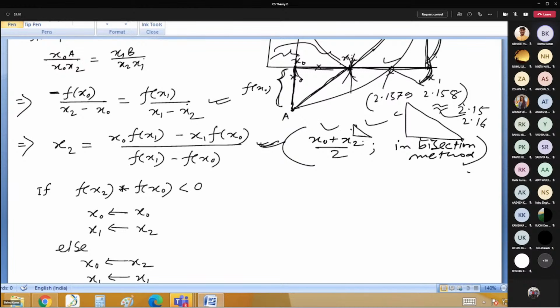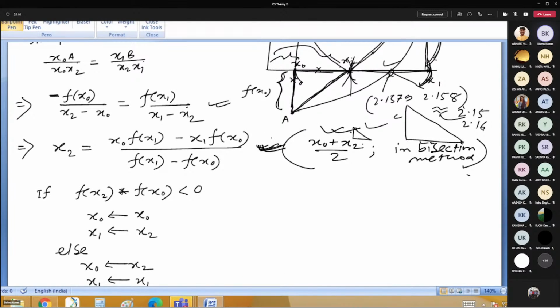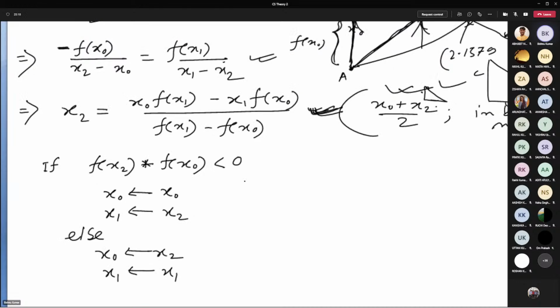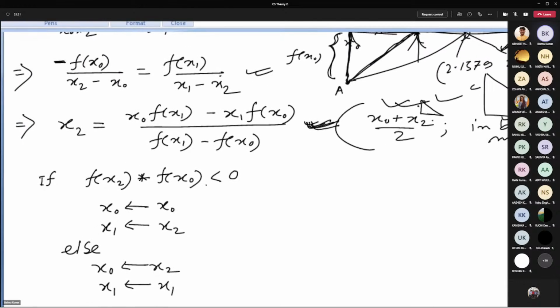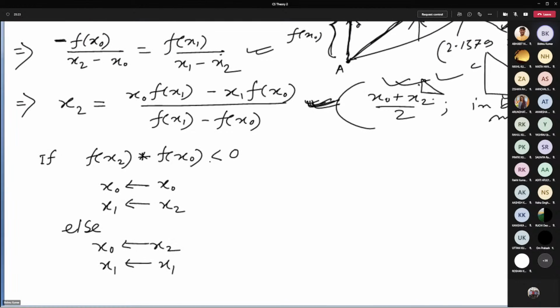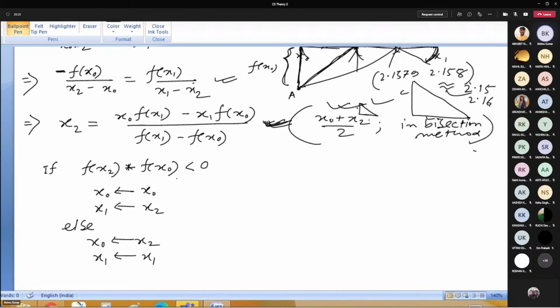But other than this, you have to calculate x2, the updated point, with the help of this formula. After getting that point, again you check the functional sign, along with which boundary point the functional value is opposite in sign. On that basis, you pick up that subinterval.